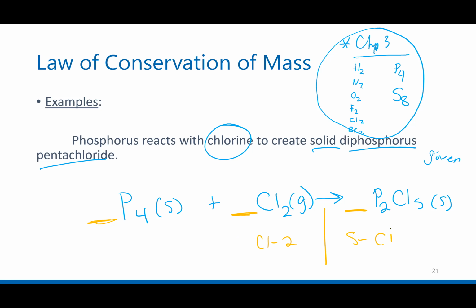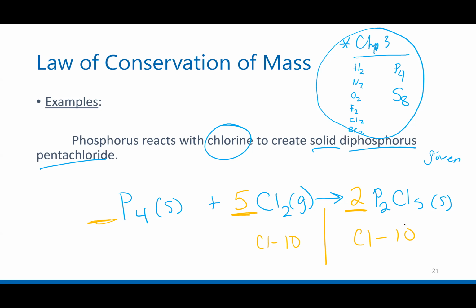I notice that if I can get the chlorines to be 10, I will have my chlorines balanced. The lowest common multiple for 2 and 5 is 10. This is honestly about as hard as they get.